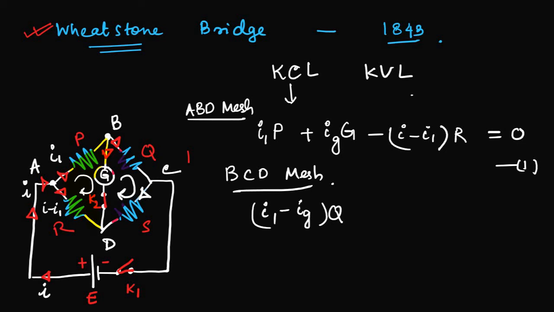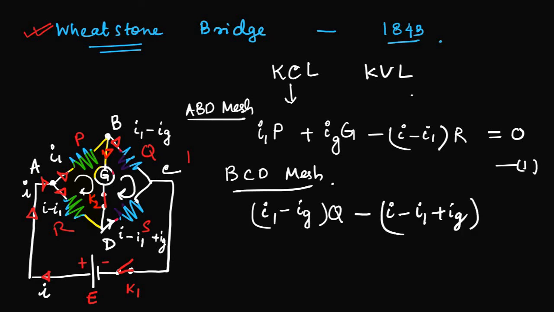This would be I minus I1 plus IG. Both the CD and BD arms are in anti-clockwise direction. That's why for the DC arm also I will take a minus sign, with I minus I1 plus IG as the current value multiplied with the resistance S.